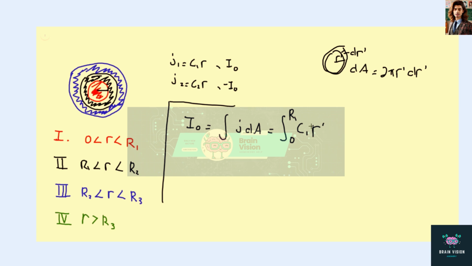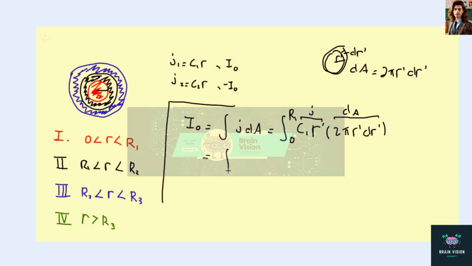So C1 r prime is J, and dA is 2 pi r prime for the circumference, times dr prime for the width.